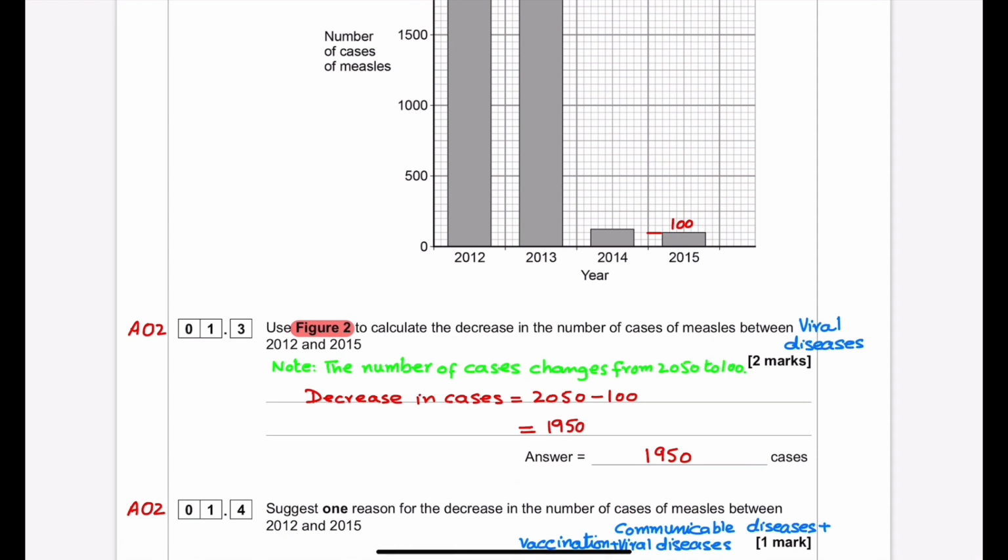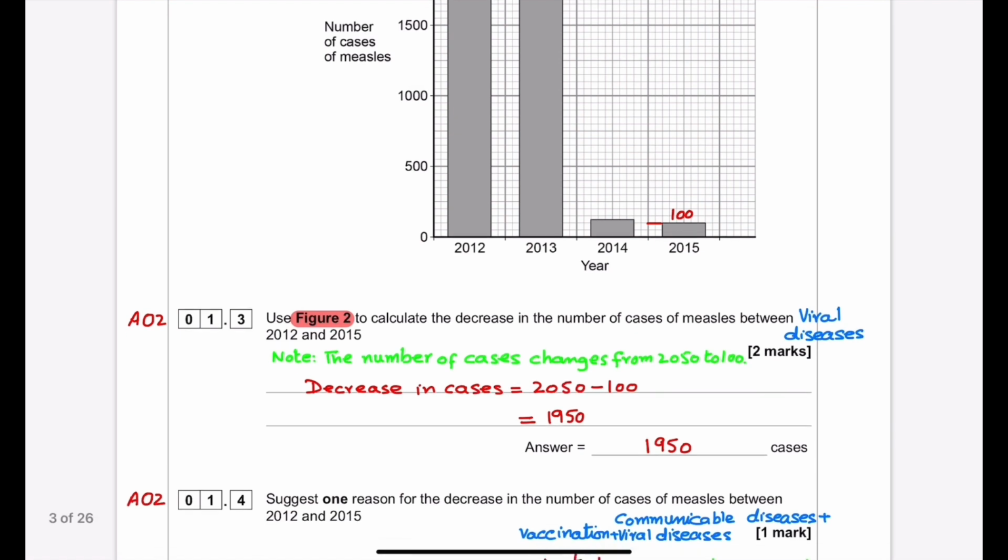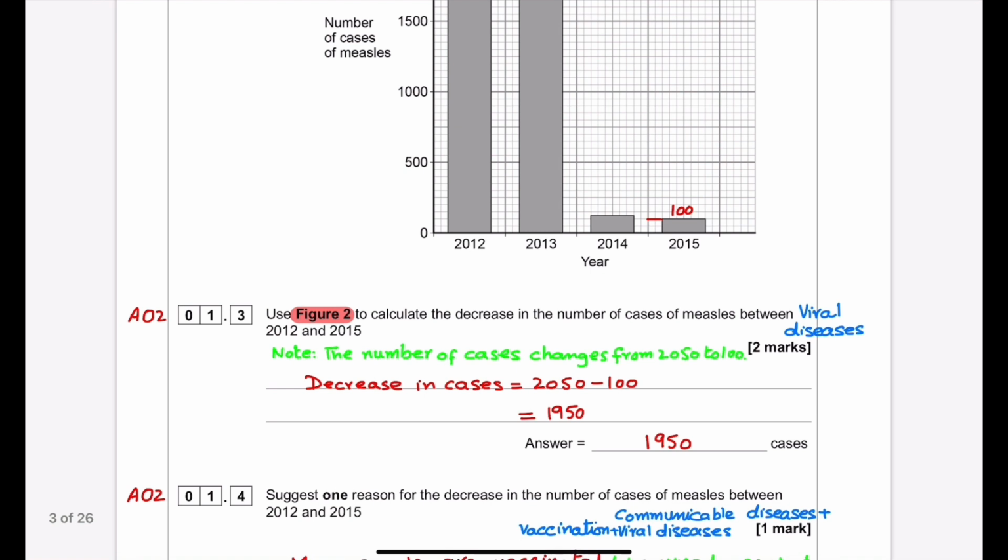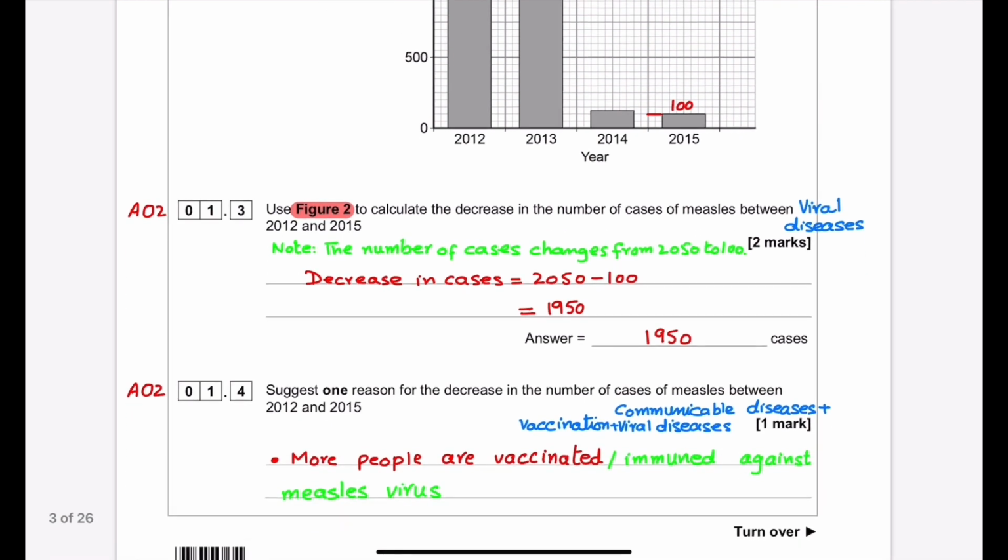This question is actually from communicable diseases, vaccination, and viral diseases. One of the reasons can be that more people were vaccinated from 2012 to 2015, or most of the people are immune against the measles virus.